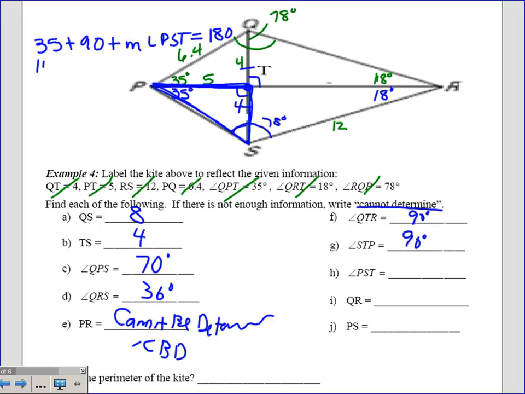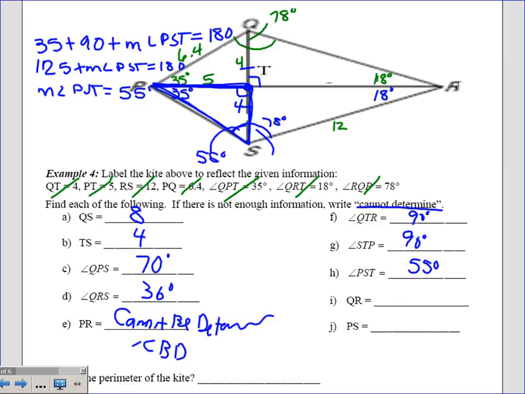This would be 125 plus the measured angle PST equals 180. So the measured angle PST equals 55. 55 degrees. Okay, well that part's 55.